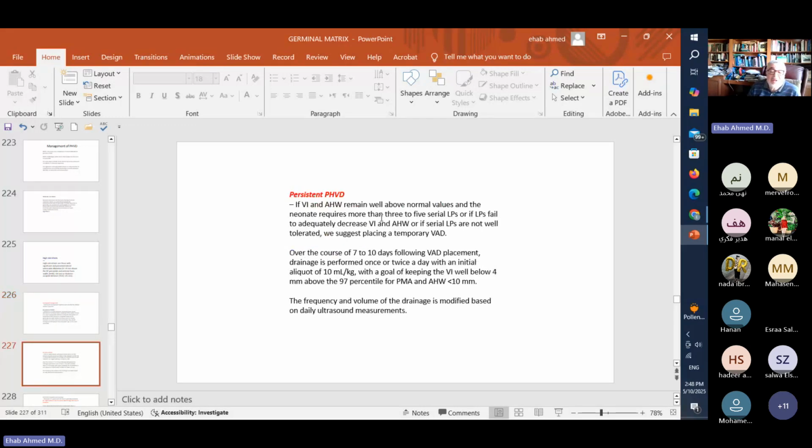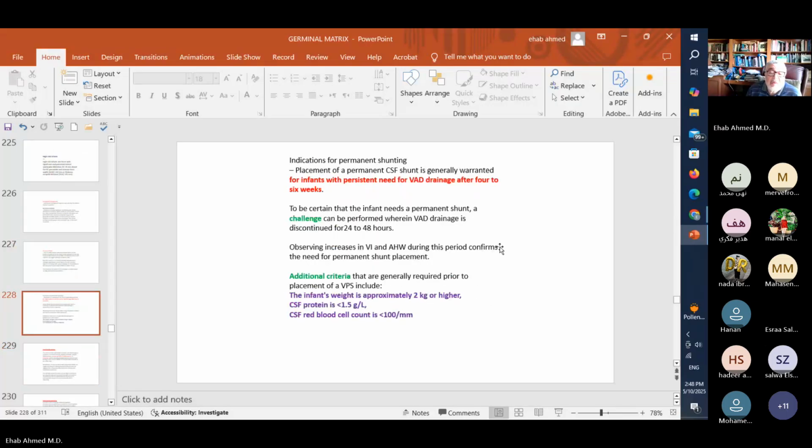If it's persistent, moderate, or severe, we have to intervene. Usually it shows up after 1 to 2 weeks. For persistent ventricular dilatation, we do drainage at 4 to 6 weeks.